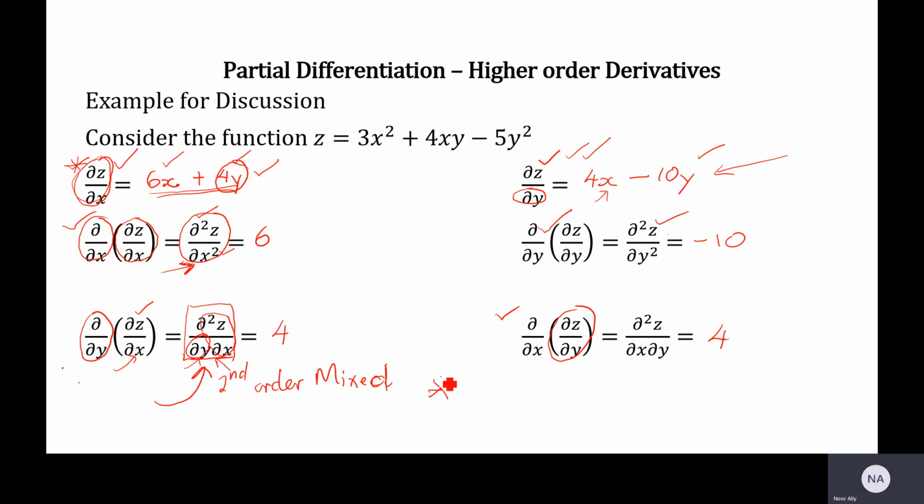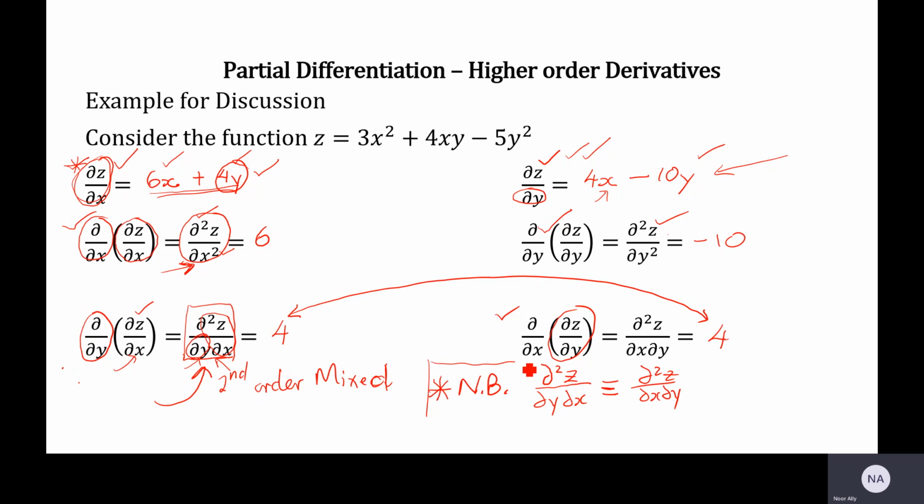Now, make a note over here. Note this. In all your cases, look at this answer and that answer. They are the same. With any function you get, you will notice that when you differentiate partial d2z, partial dy dx, and partial d2z, partial dx dy, you will always find that they are equal.